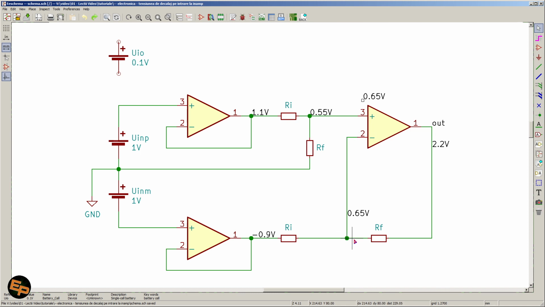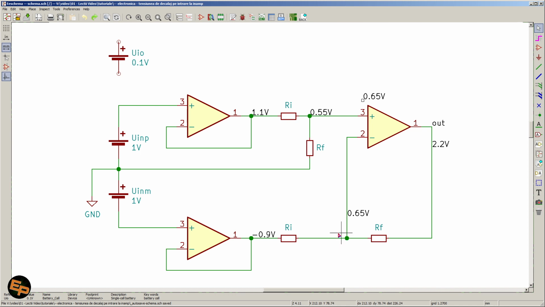But this particular point is at halfway across this other voltage divider here, which basically divides the voltage between the output voltage and this input negative voltage.